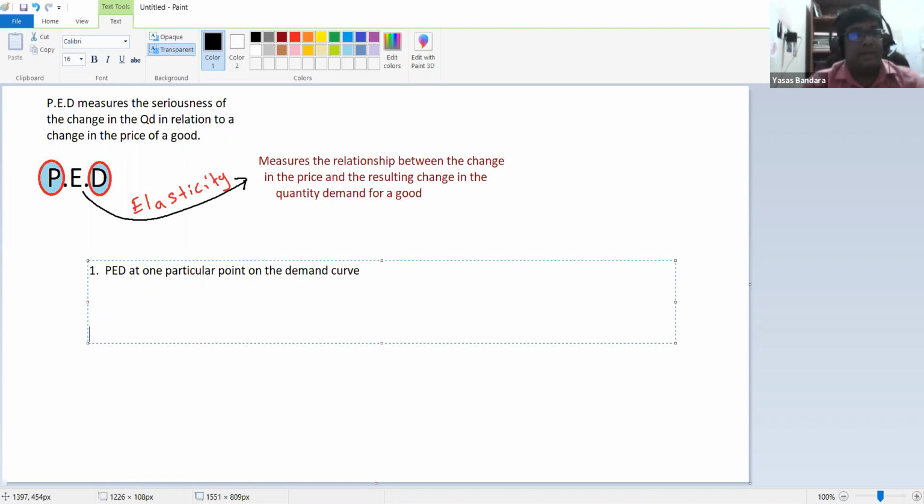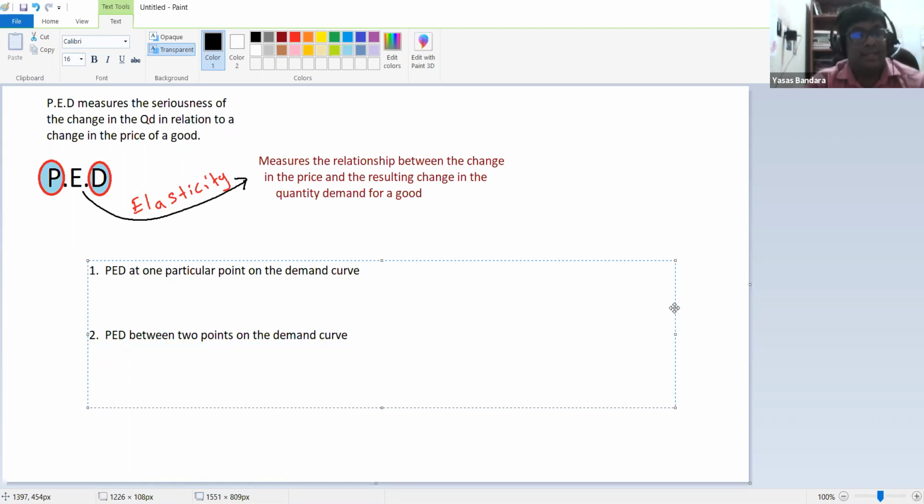And another way is measuring PED between 2 points on the demand curve. And thirdly, we can measure PED between two distant points on the demand curve.